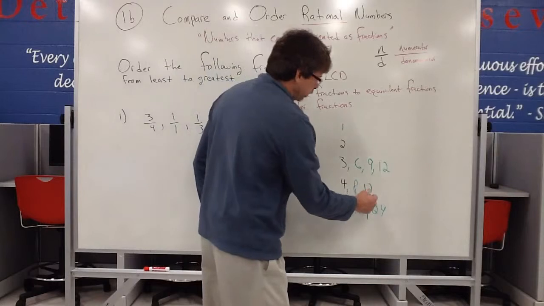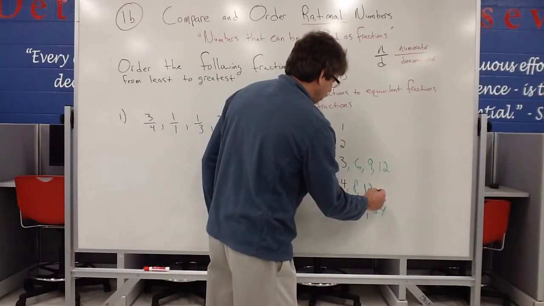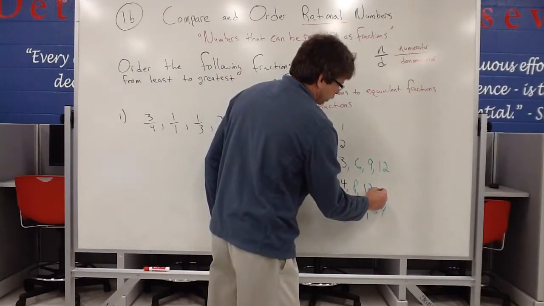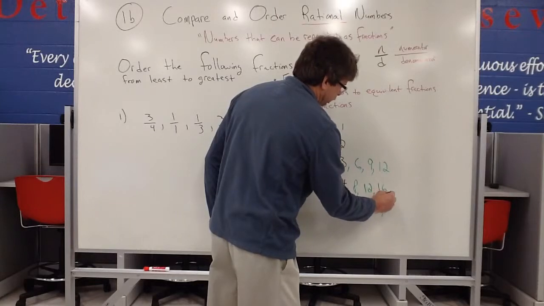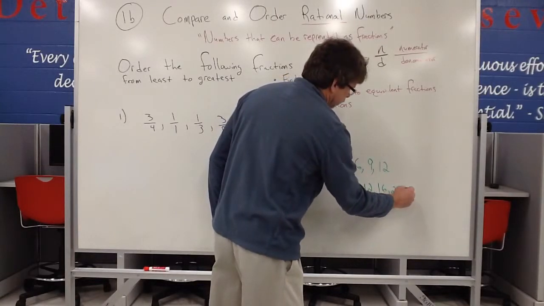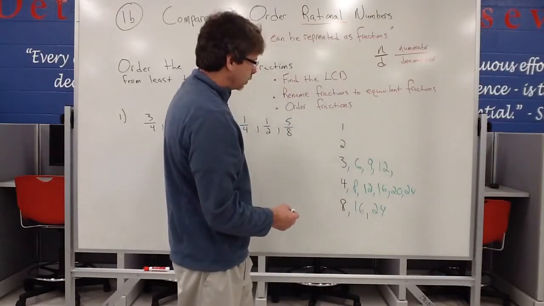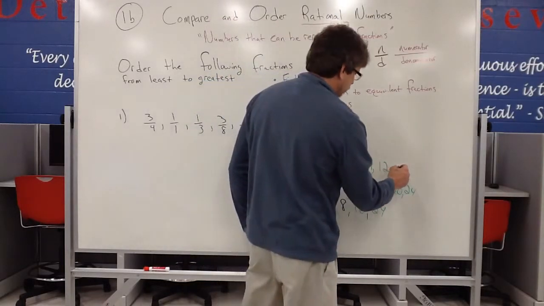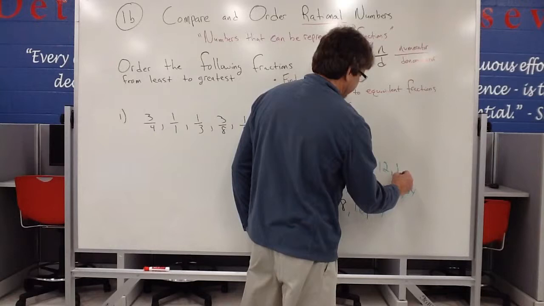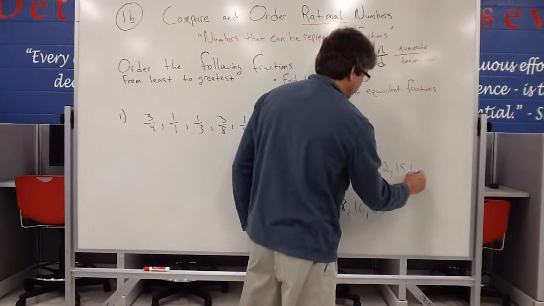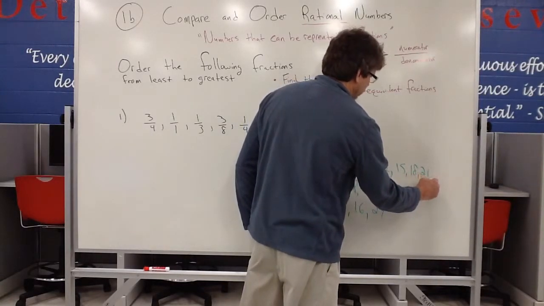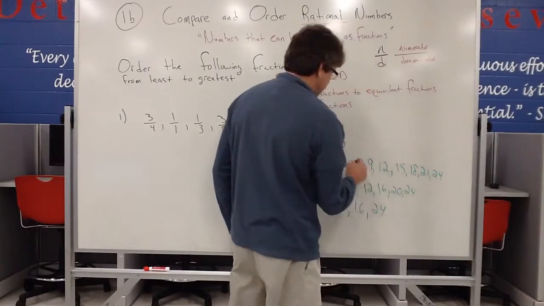So if I keep building these out, kind of playing with them, 4, 8, 12, 16, 20, 24. That matches up. 3, 6, 9, 12, 15, 18, 21, 24. That matches up.